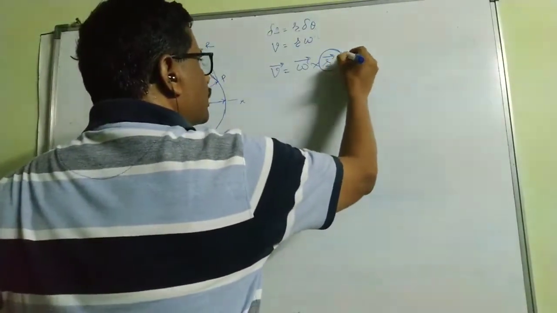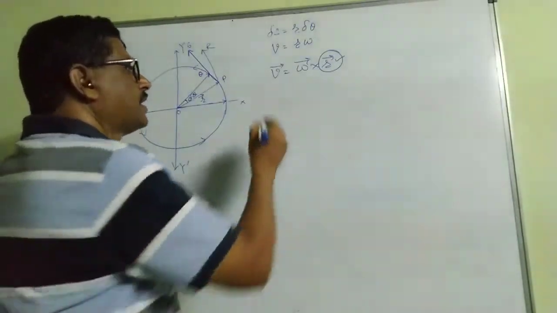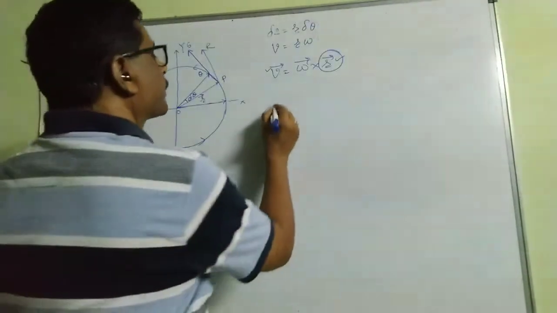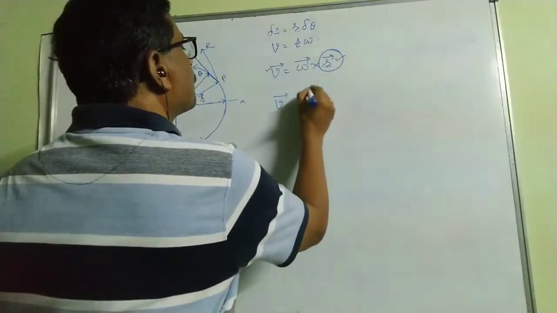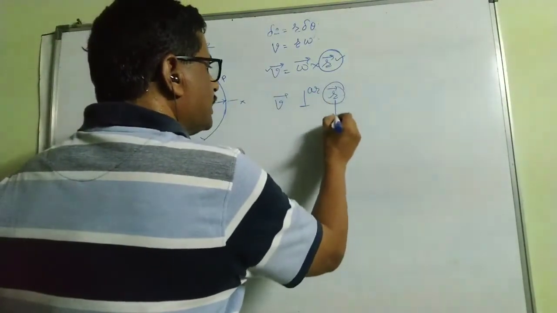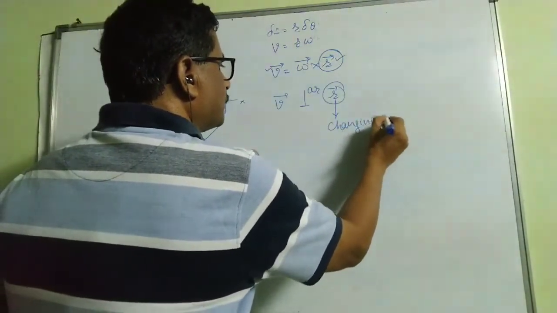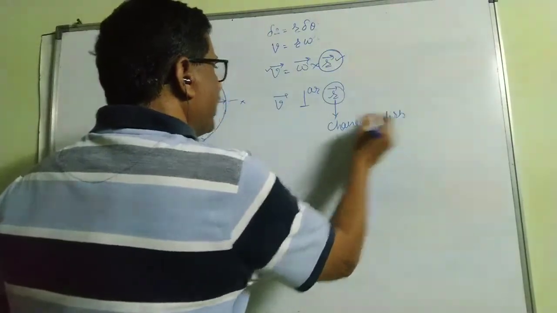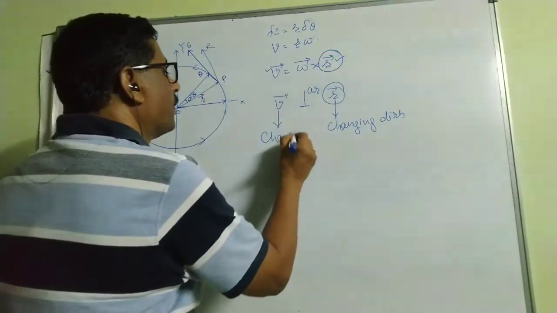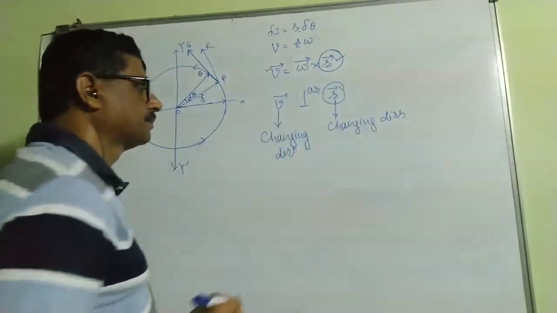A change in direction of the radius vector is the change in direction of linear velocity, because vector v is perpendicular to vector r. R is changing its direction with constant magnitude. In the same way, the velocity is changing direction by keeping its magnitude constant.